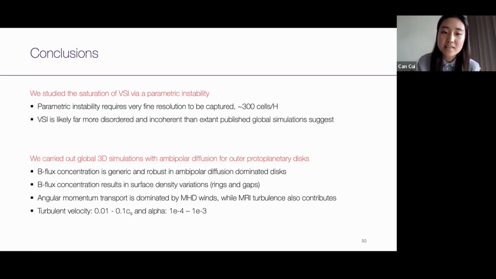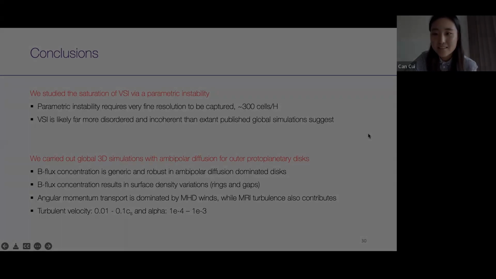The magnetic flux concentration results in substantial variation, which might explain the ALMA observations of rings and gaps. We also studied the angular momentum transport in those disks, as well as the turbulent levels and the alpha parameter. So I guess I will stop here and take questions.